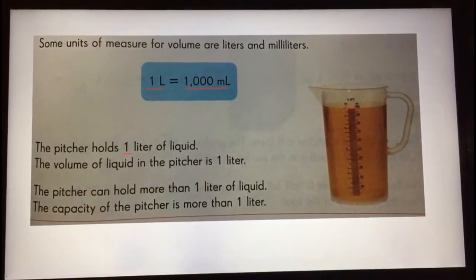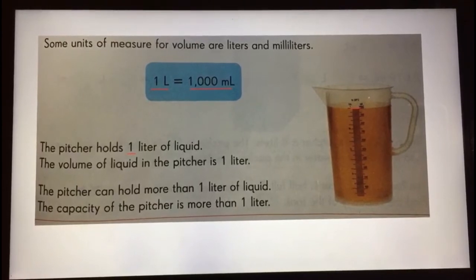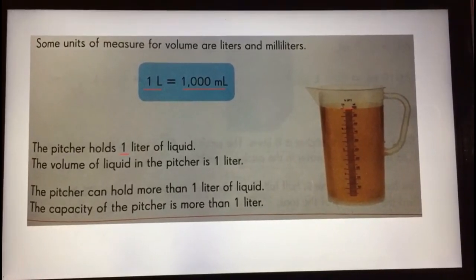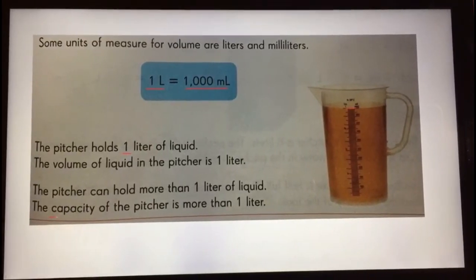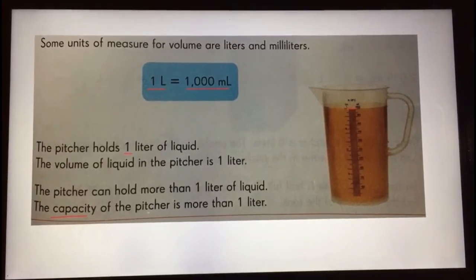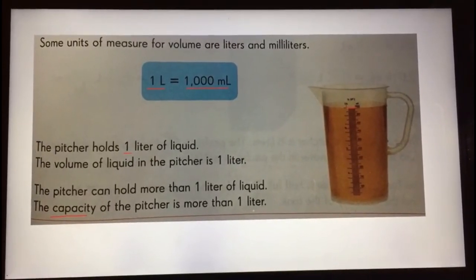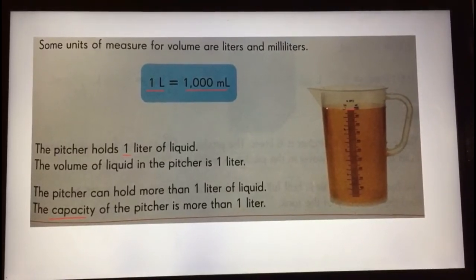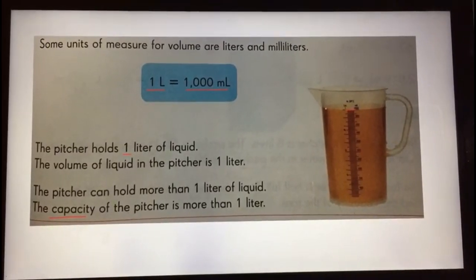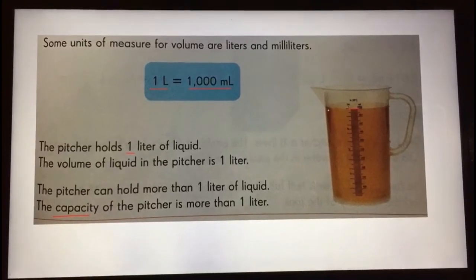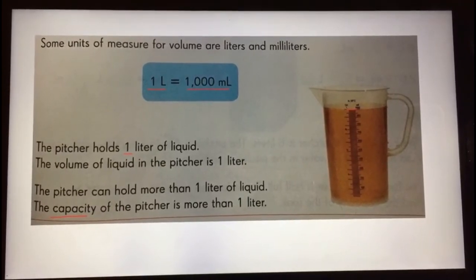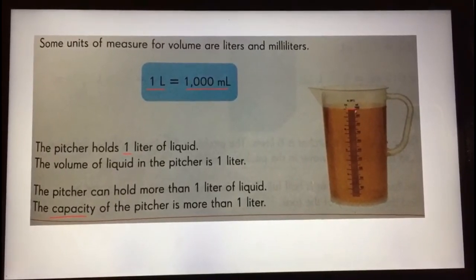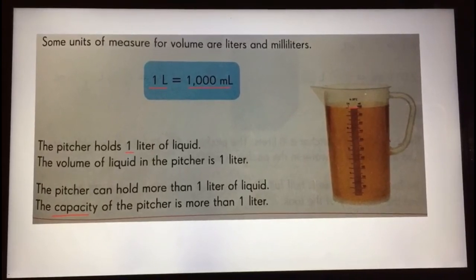However, the pitcher can hold a little more water, right? So the capacity of the pitcher is more than 1 liter. So when we talk about volume of liquid, we talk about the actual liquid. When we talk about the capacity, we talk about the ability for the pitcher to hold liquid.